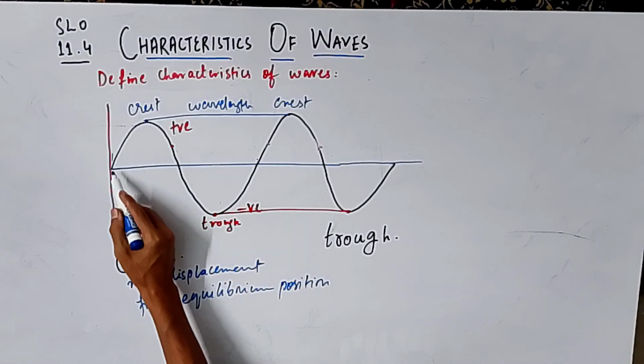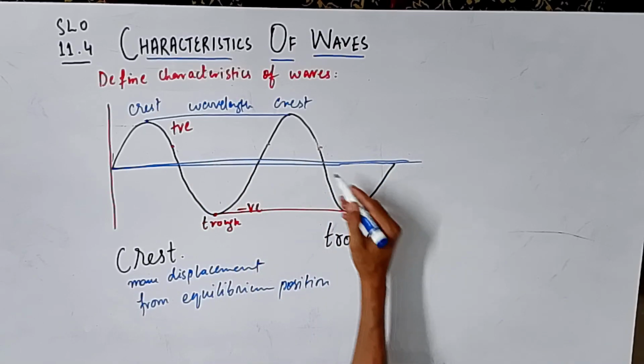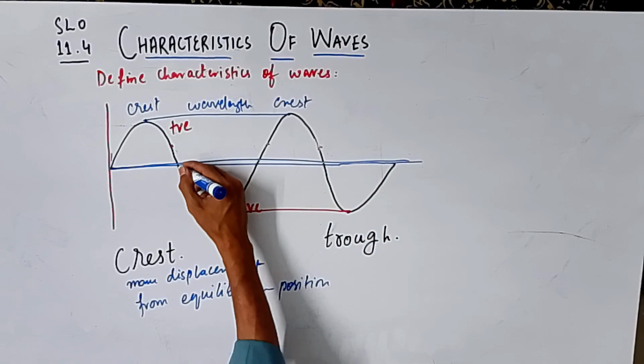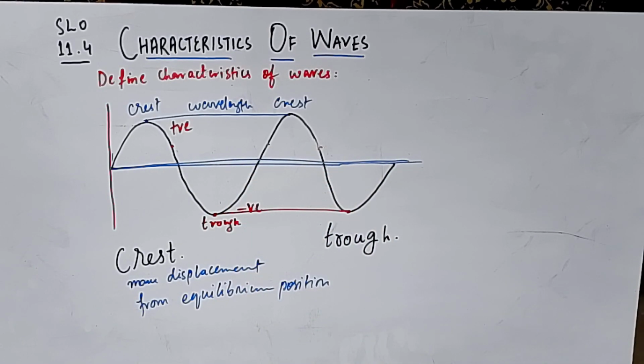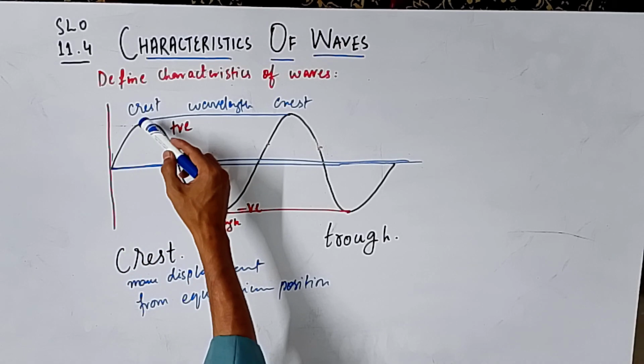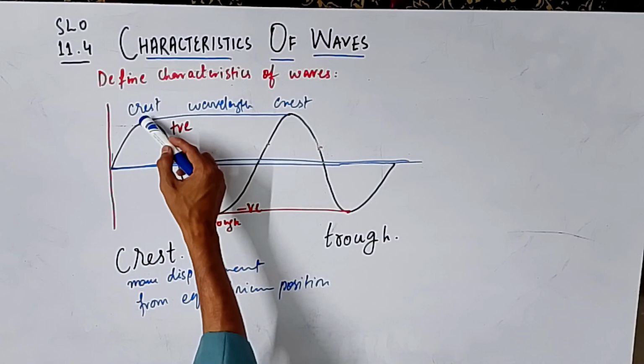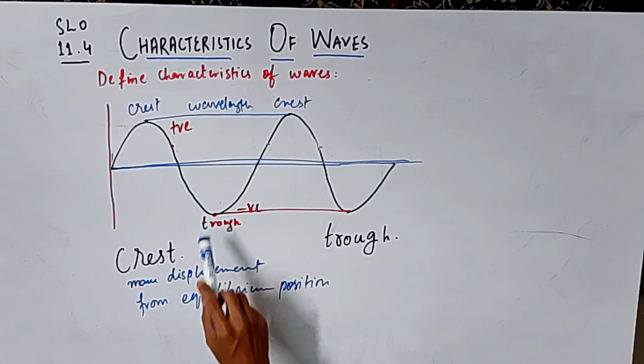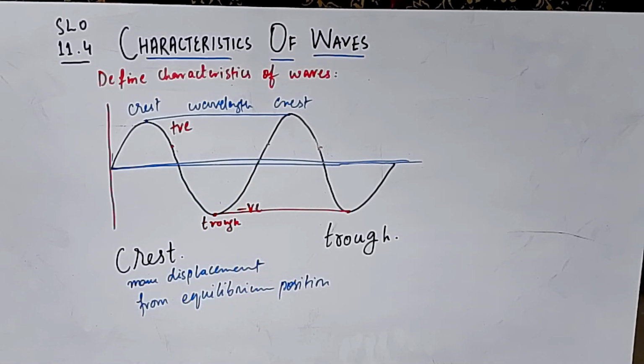This position is called the equilibrium position, right? So from the equilibrium position, or from a fixed position, if it moves the maximum towards the positive, we call that point the crest, and towards the negative, we call that point the trough. So that's what trough means, and that's what crest means.